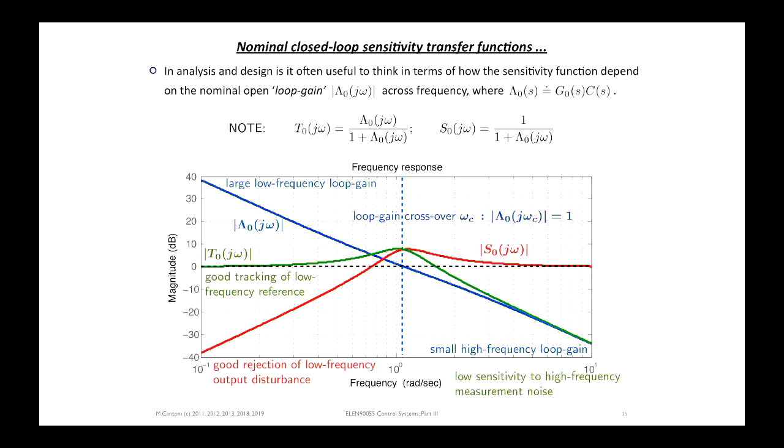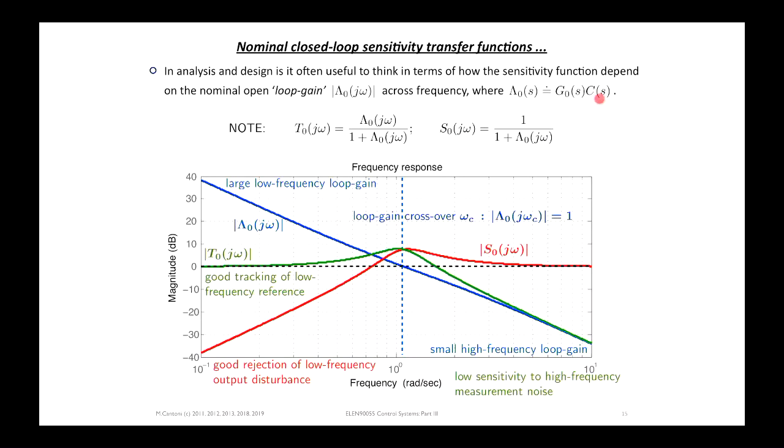So just looking at this, you should be able to see that in order to make this small, I just need to make the denominator large, right, in magnitude. So making this small is consistent with making lambda large.